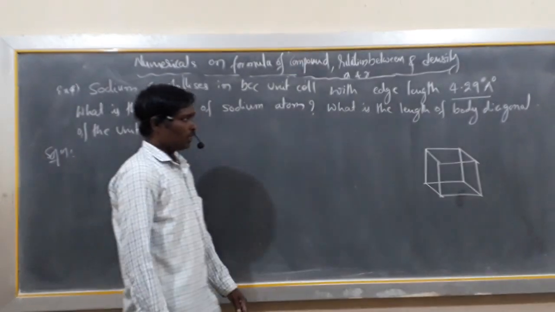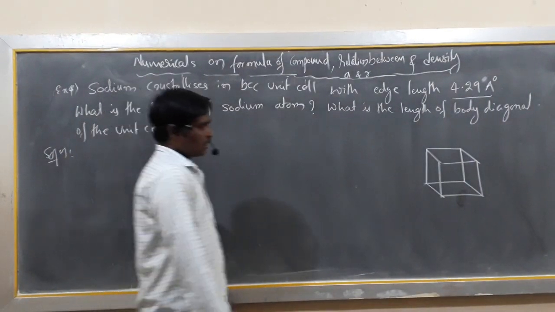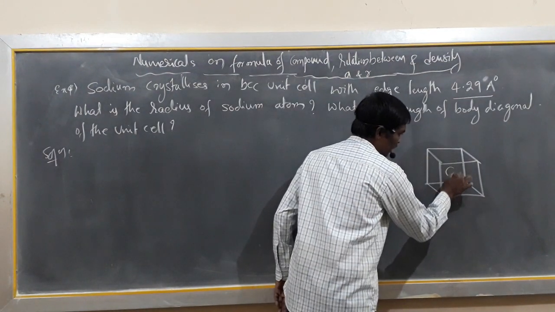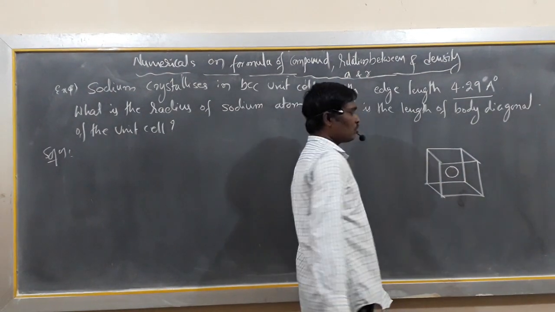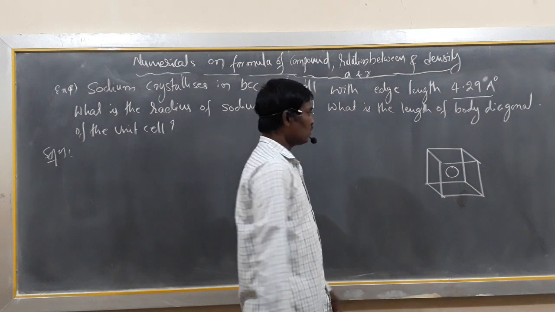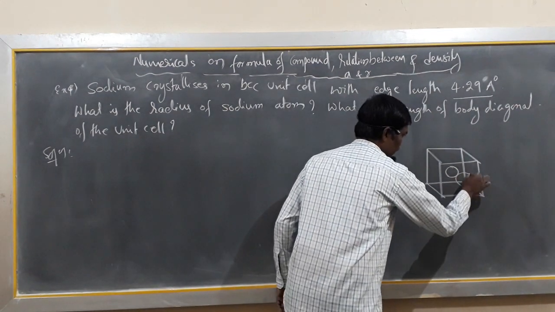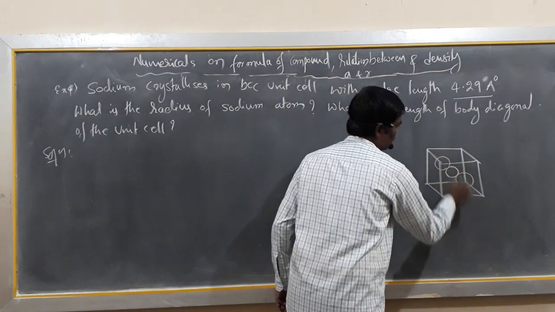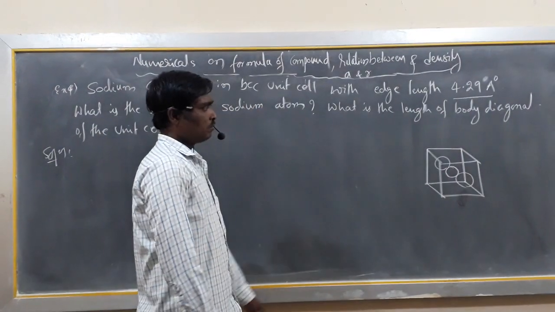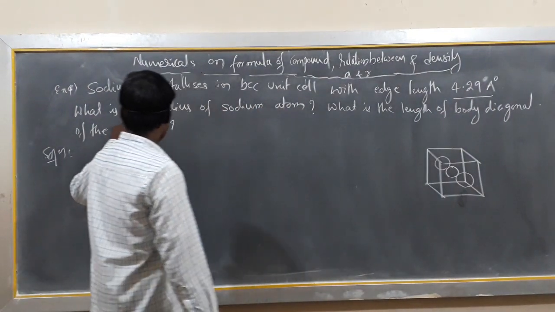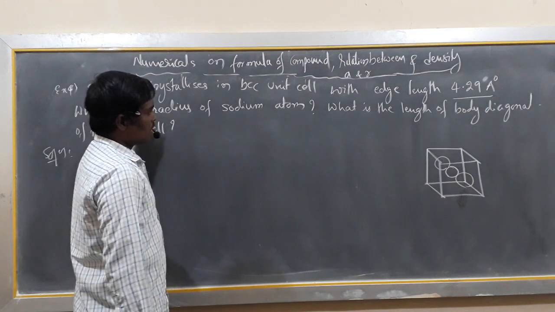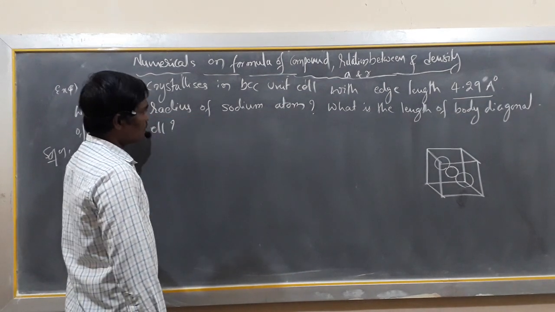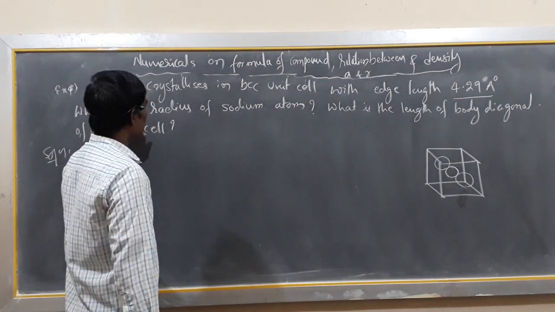The body center particle and the diagonally opposite corner particles are in touch with each other. This is the arrangement of sodium particles in the BCC unit cell.